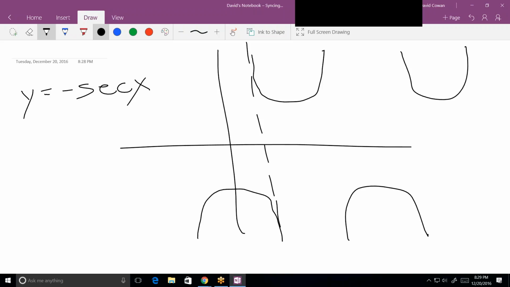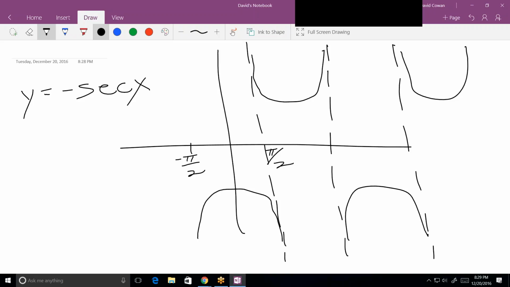Everything has vertical asymptotes except sine and cosine. All the other 6 trig functions have vertical asymptotes. So how would you describe this domain? First of all, that's pi over 2. That's minus pi over 2. That's 3 pi over 2. So it would be all real numbers except for minus pi over 2, 3 pi over 2. You got it.